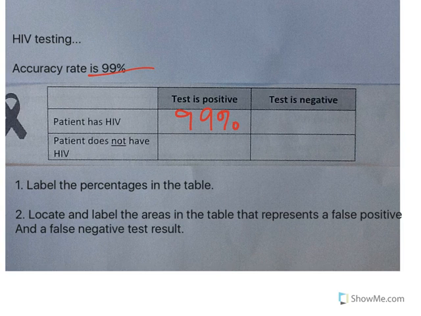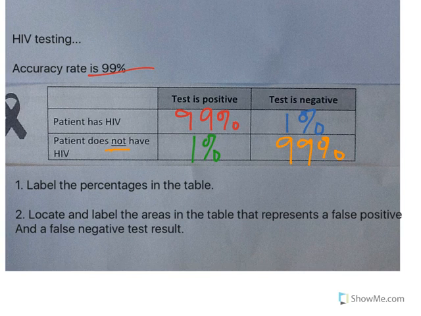If you have it, you should test positive. So, but if 99% people test positive, that means 1% test negative. And if you do not have HIV and you go to the doctor, you would expect to test negative. So that's 99% accurate. But unfortunately, 1% of people who test negative will still test positive.